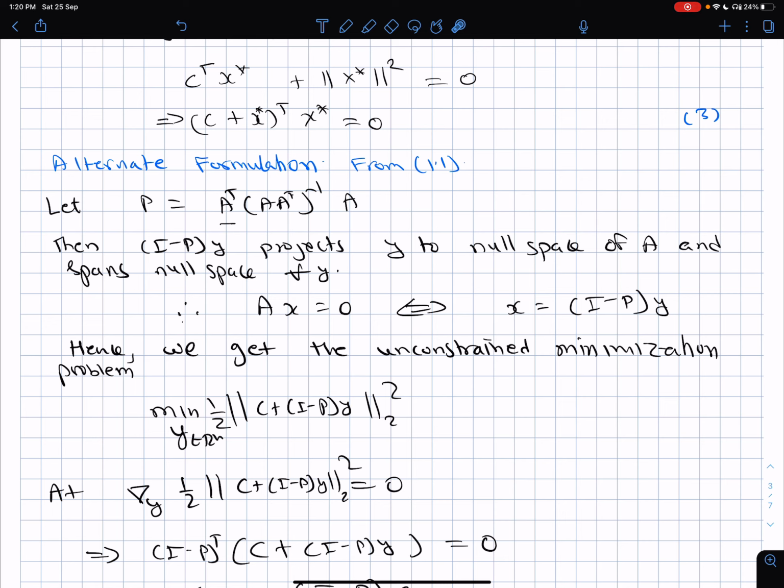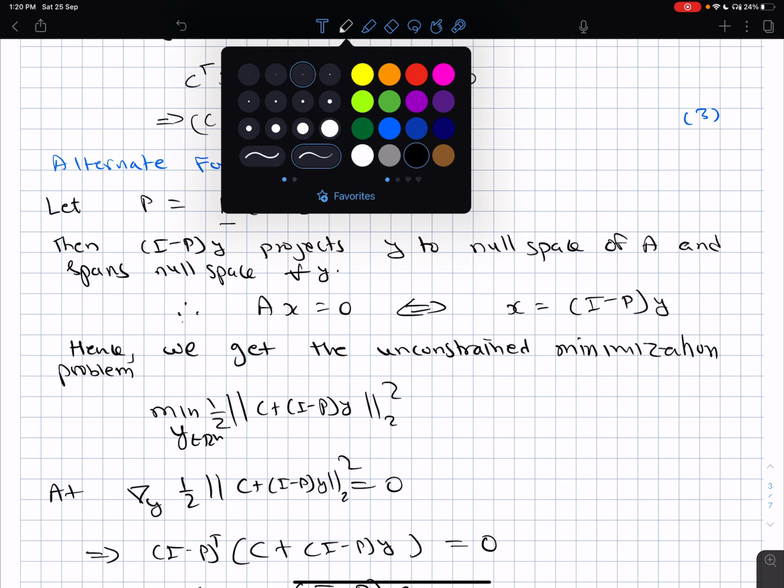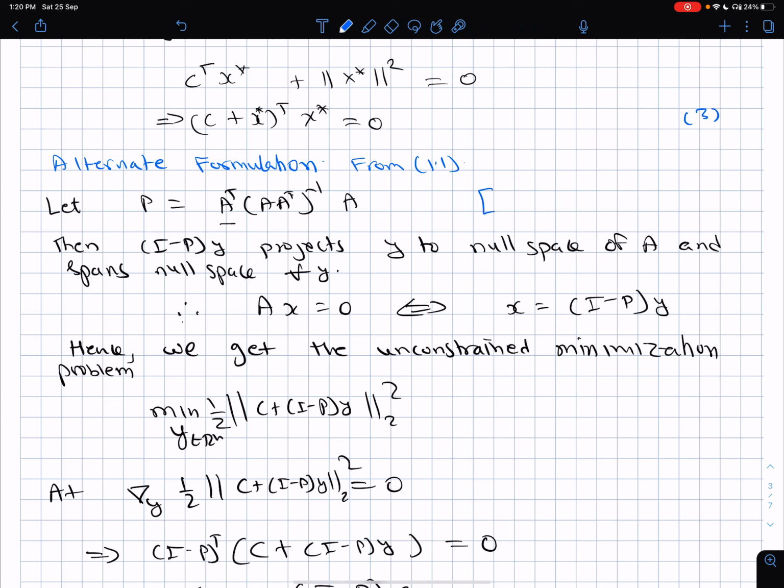Once these two things are established, you have established that this is a projection matrix. Which projection matrix? I'll write it in the bracket. Because this is A plus A, which is always a projection matrix. So this is the reason why this is a projection matrix.